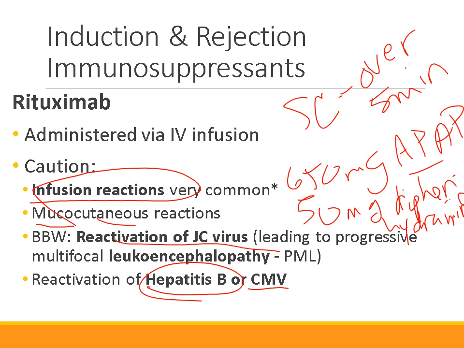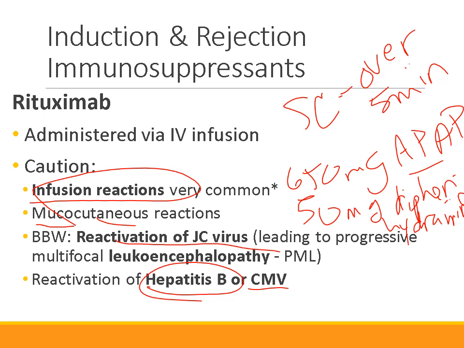So we do a couple things. We monitor hepatitis serology. So we do check patients to see if they've had hepatitis B in the past. And we do monitor for reactivation of that. There are various recommendations as far as prophylaxis goes.